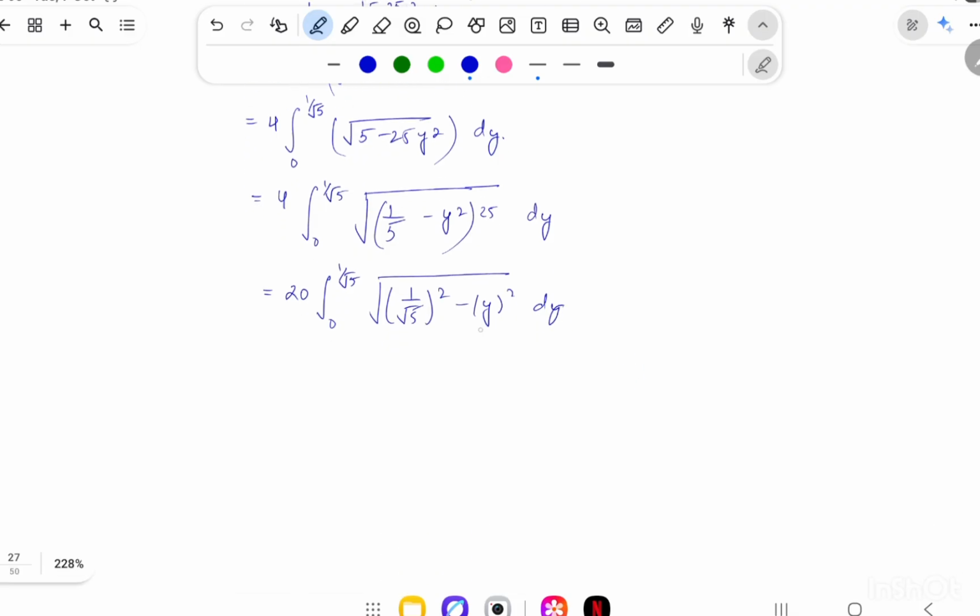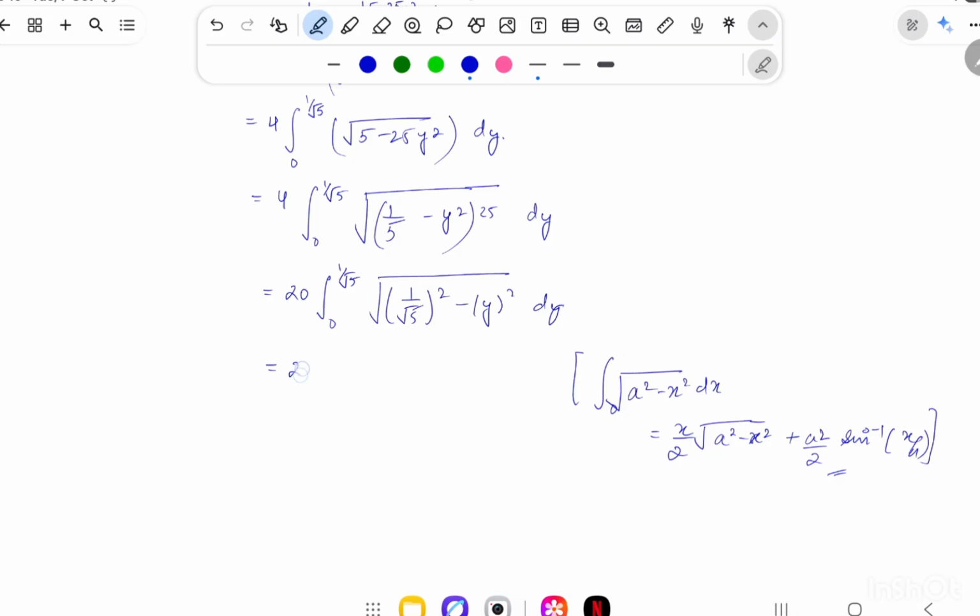Now we have a direct formula to solve this integration: the integral of under root a square minus x square dx equals x by 2 under root a square minus x square plus a square by 2 sine inverse x by a. Using this result, we can evaluate the given integration.